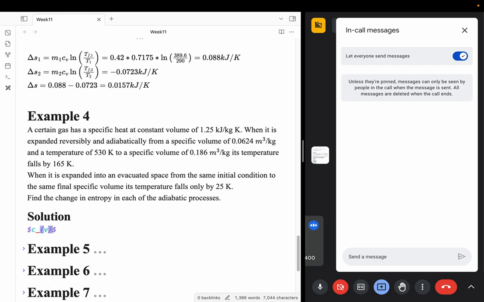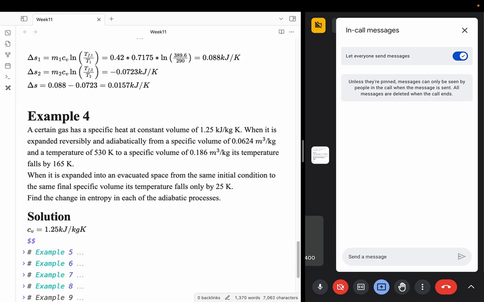First, we'll just write the information that is given. Cv is given as 1.25 kilojoule per kg Kelvin. And then I know the initial specific volume.